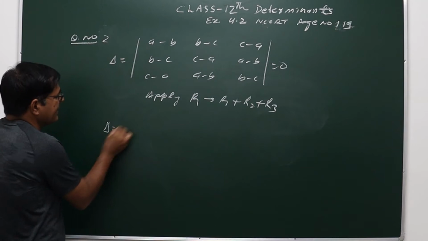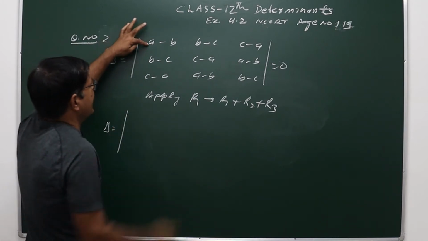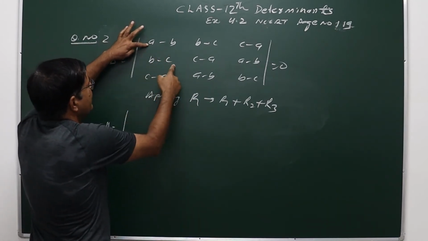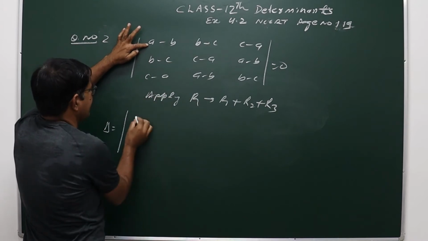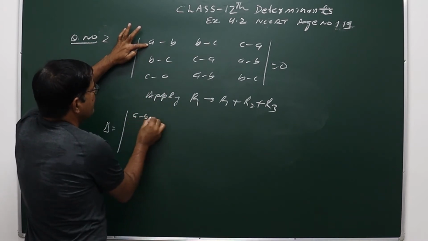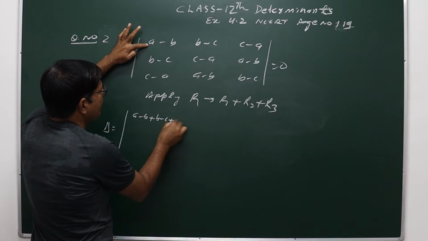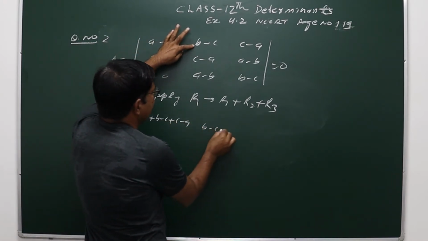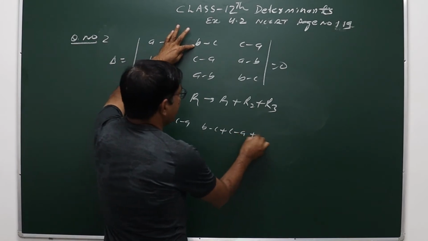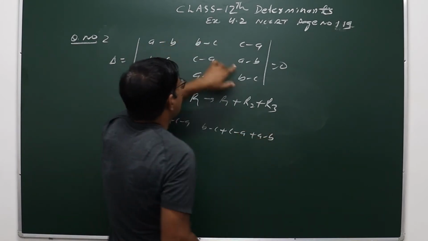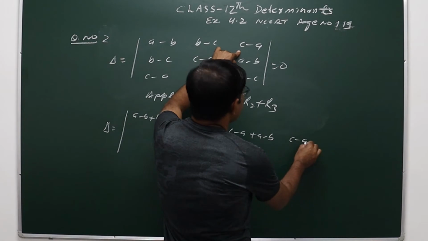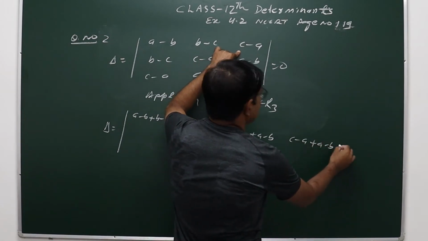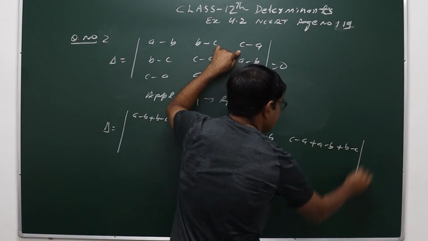Applying this, the determinant will be a minus b plus b minus c plus c minus a; then b minus c plus c minus a plus a minus b; then c minus a plus a minus b plus b minus c.